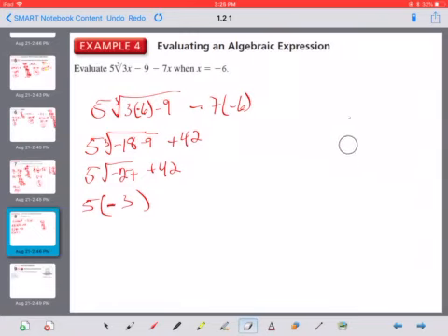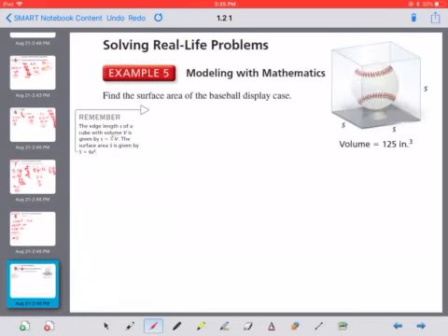You'll be able to find that on your chart, or you can use your calculator, cube root it nice and quick. Negative 15. Plugging in and then solving. The solving part is the hard part, just doing the cube root. If you've got the calculator, it makes it a little easier. If you've got the chart, it makes it easier. If you've got to do it by hand, I'm still working that to show you.